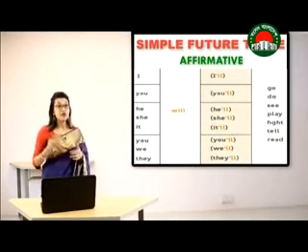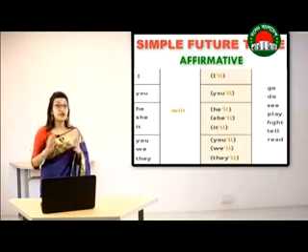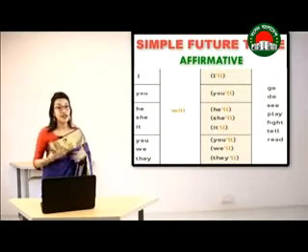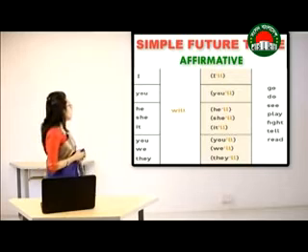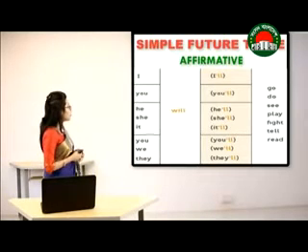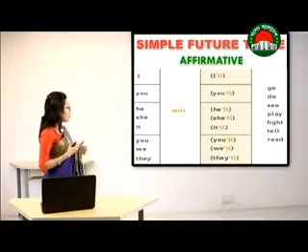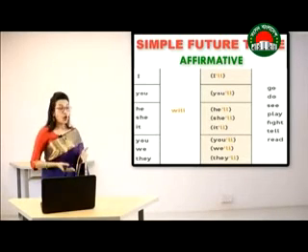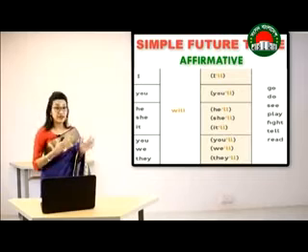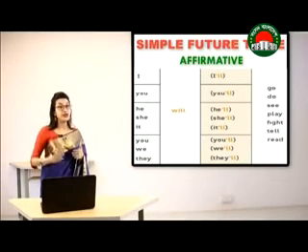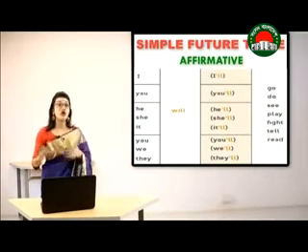That means we can use will in simple future tense regardless of the noun or pronoun that you're using. For example, I, you, he, she, it, we, they. All these pronouns that we are giving here, they all are using will as the auxiliary verb in simple future tense.